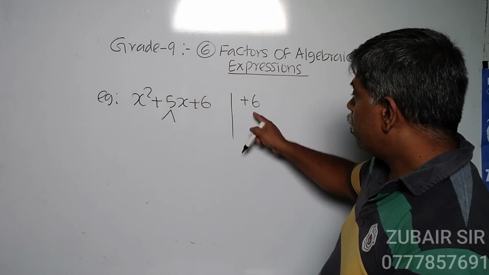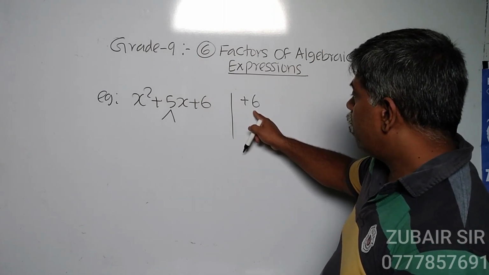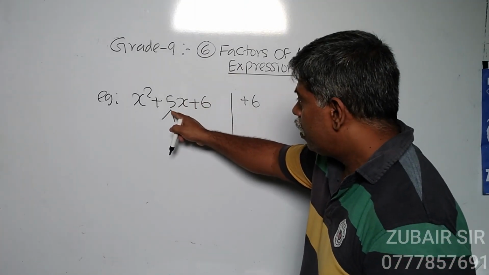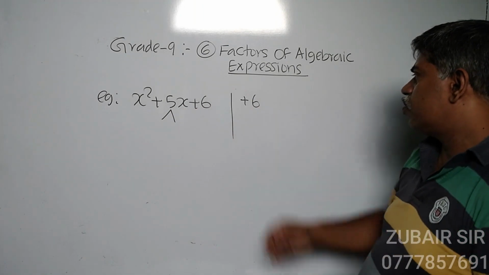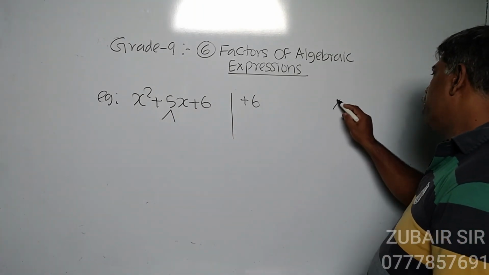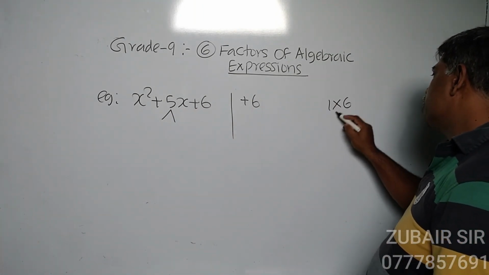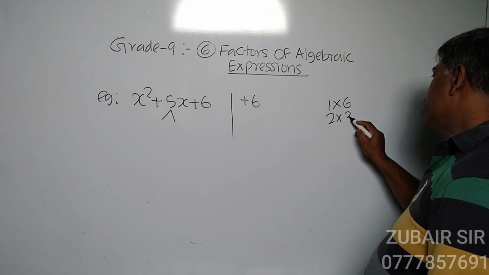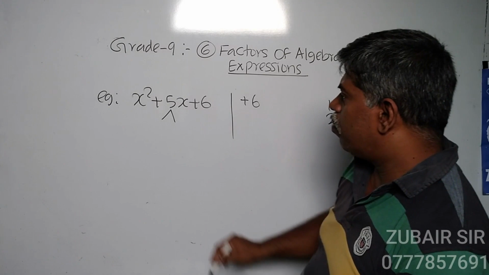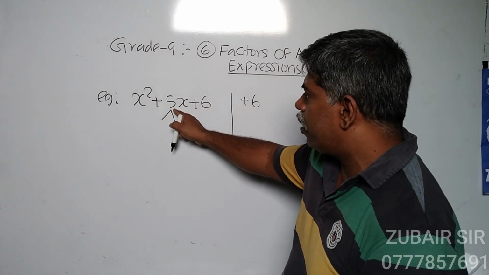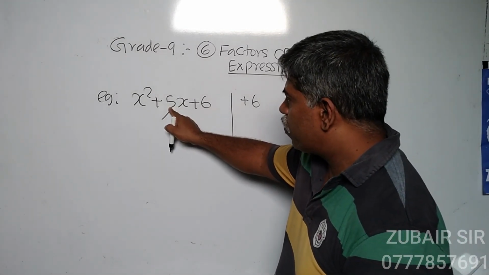Right? Factors of this number are to be used for the division of the midterm. Then what are the factors of 6? 6 can be written as 1 into 6, 2 into 3. Now by using these factors, by adding or subtracting, we have to get the midterm 5. Midterm is plus 5.